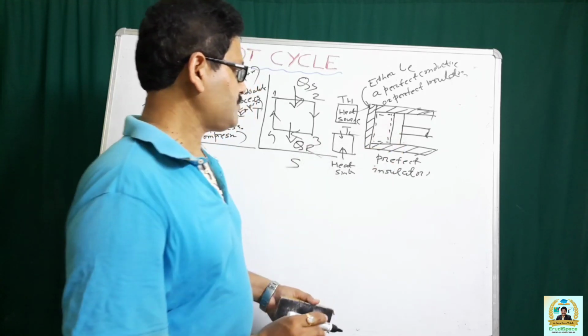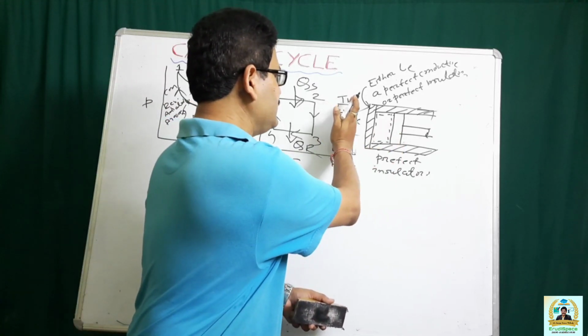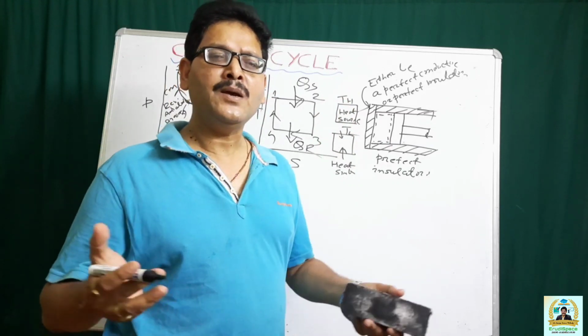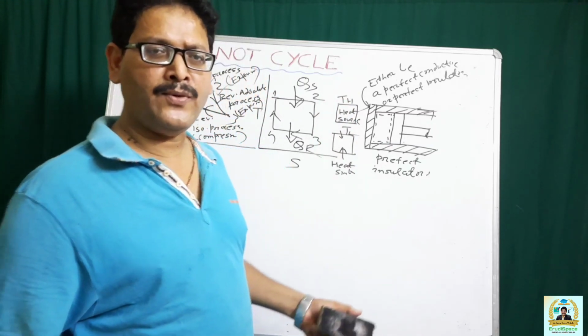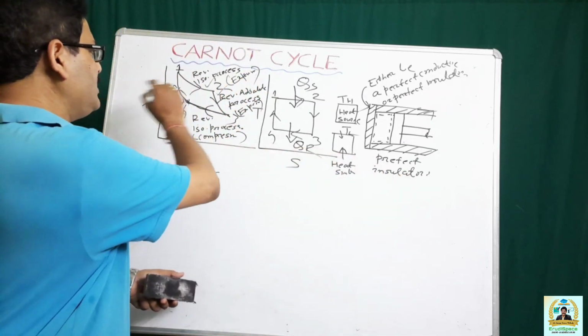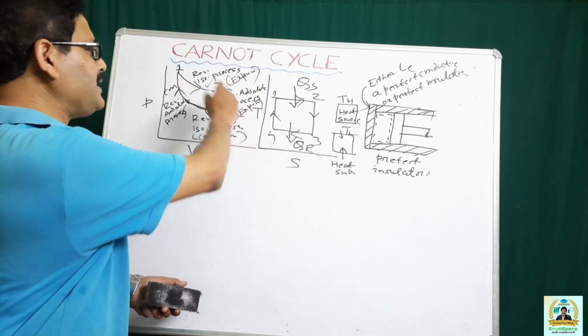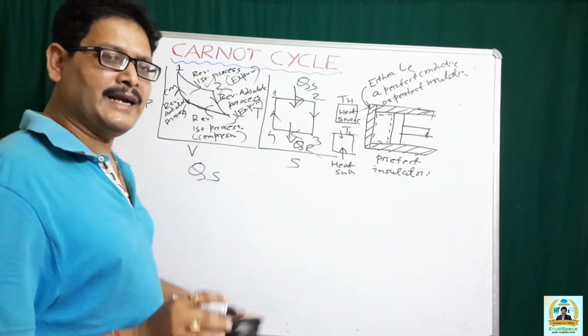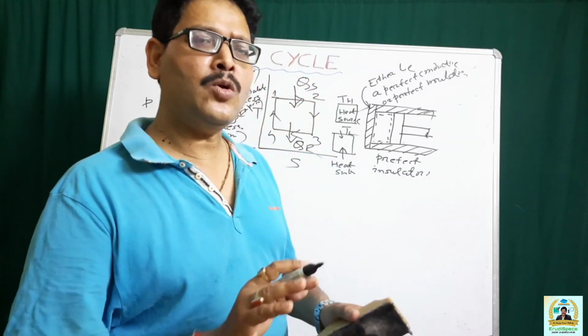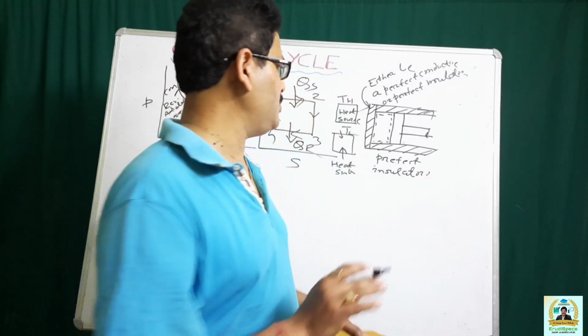After that, this cylinder head is made a perfect insulator of heat. So it will undergo a reversible adiabatic expansion process, and in this case no heat is supplied to the system, or no heat is supplied from the system to the surroundings.